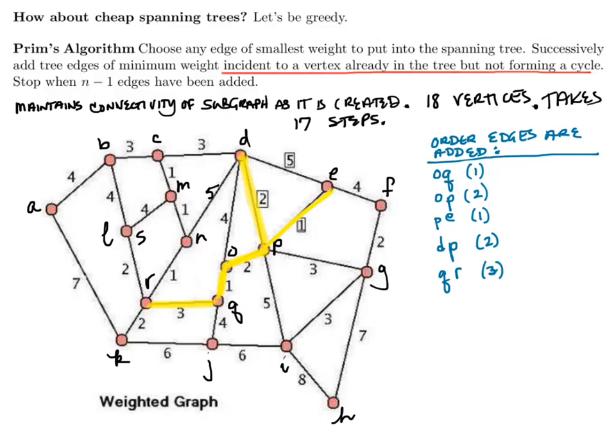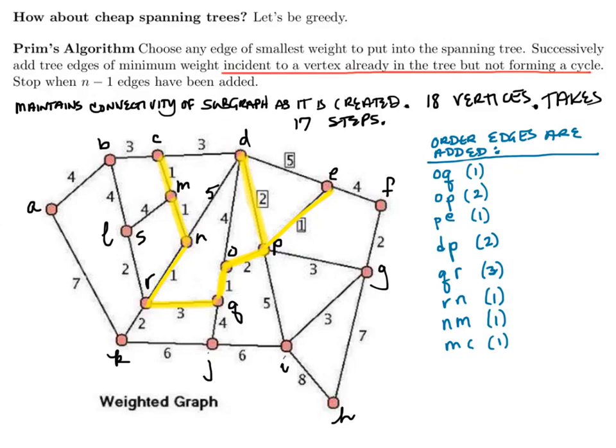So we can add that edge right there. And from there, since N is now in the subgraph, we can add another edge of weight 1, NM, and we can add MC, also of weight 1.